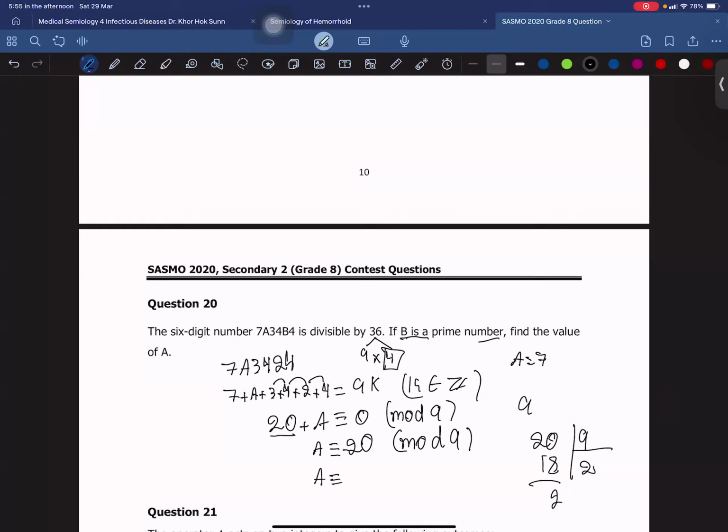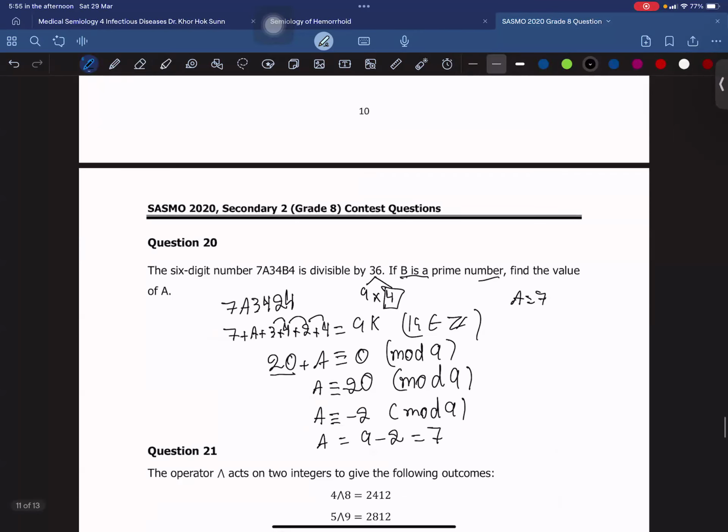So A is congruent to minus 2 mod 9, so the value of A is 9 minus 2, which is equal to 7. So you see, exactly the same answer.